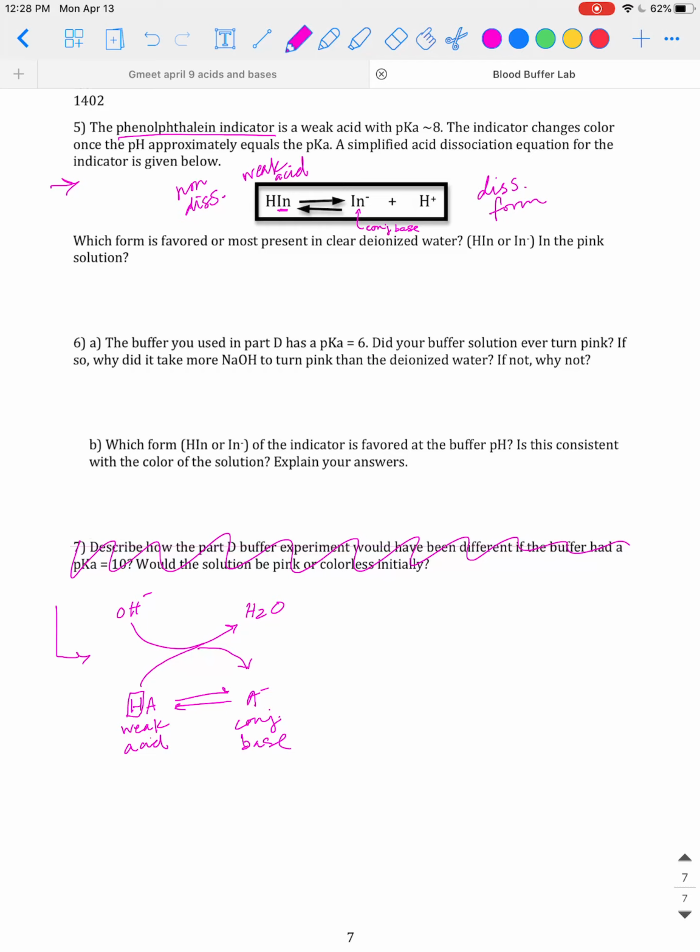What's left over is more A minus. So if pH starts to rise, the equation shifts right towards products, towards the dissociated form of the weak acid. It shifts towards the conjugate base.